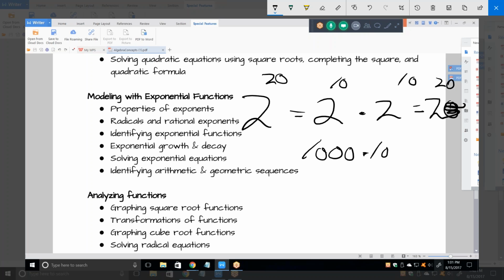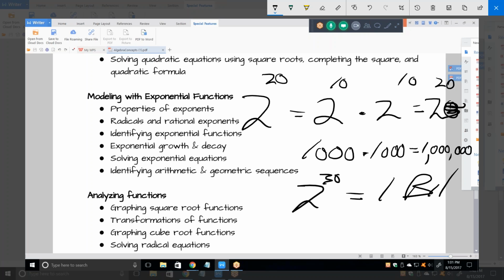What's 1,000 times 1,000? Add the zeros. How many total zeros do you have? 6. It's 1 million. So, if I'm memorizing these, I know that 2 to the 10th is 1,000. 2 to the 20th is 1,000,000. 2 to the 30th is about 1,000,000,000.